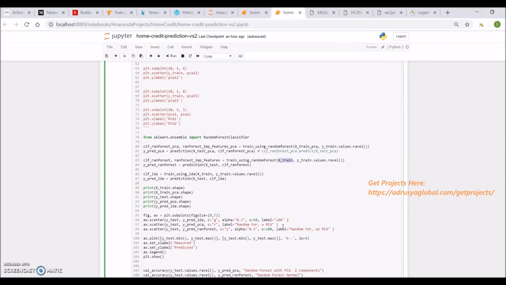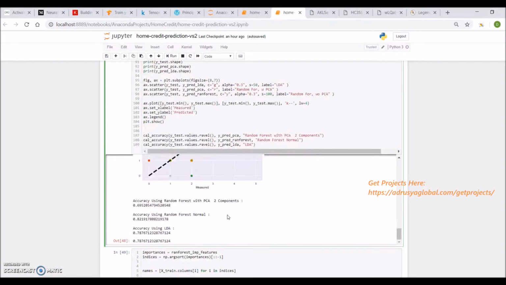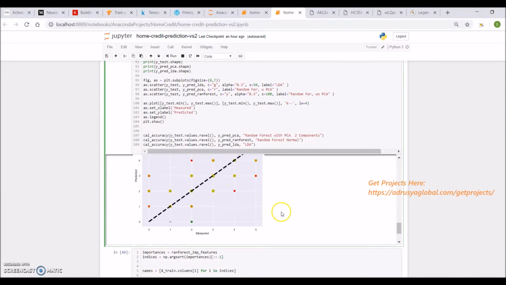We also took another classifier called linear discriminant analysis just to see if there is any change in the accuracy over random forest classifier. So we have applied that one here on the normal data to see how it predicts. And these are our prediction results.